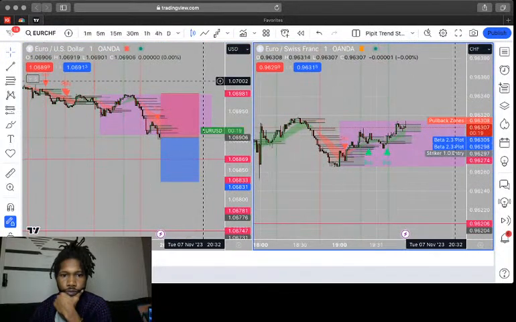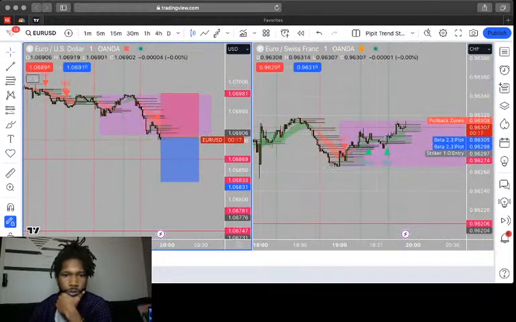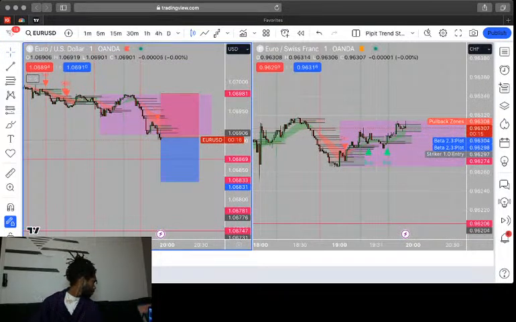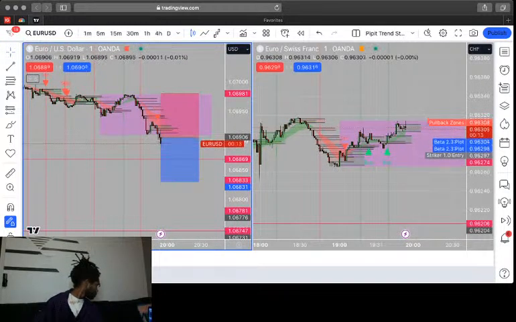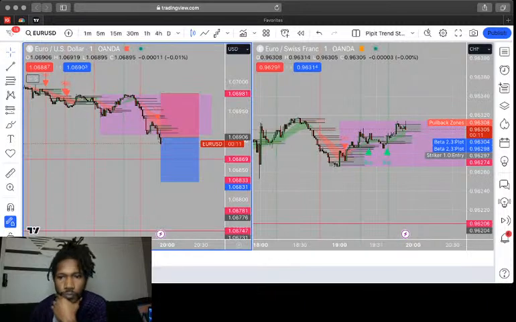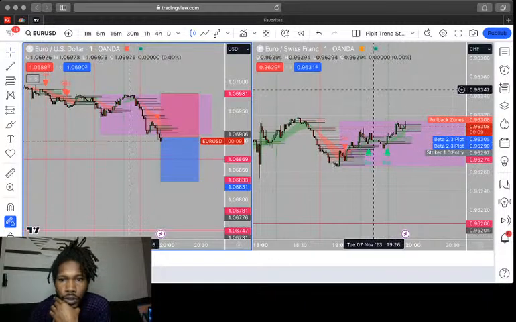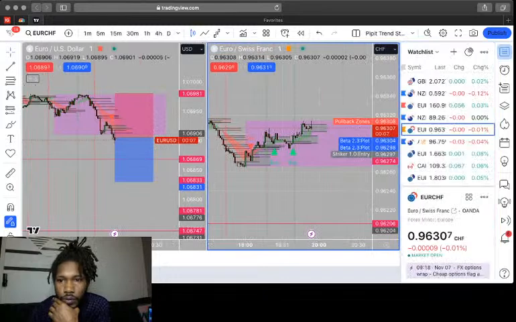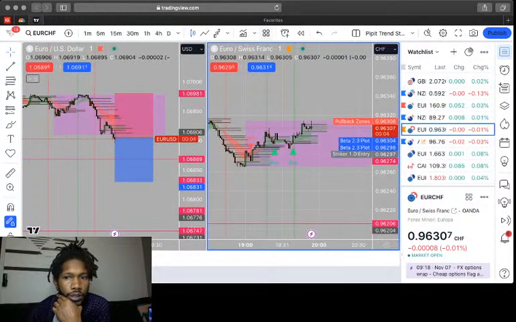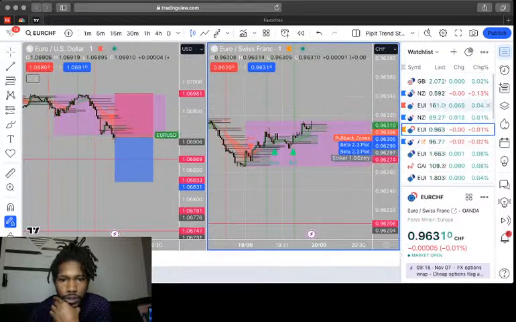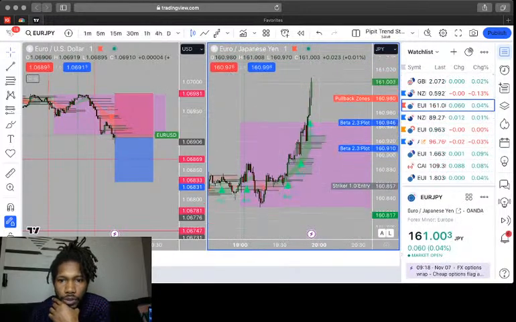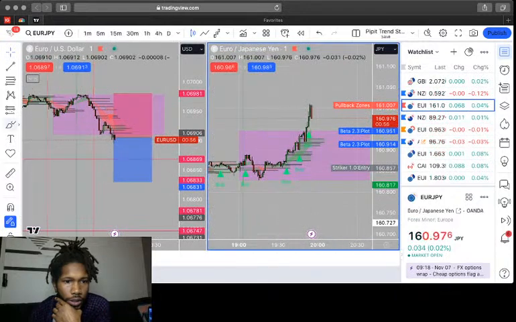Now that we have that in motion, let's see what else we have going on. Alright, let's see. So that's EU. Let's take a look at EJ. We missed the setup for EJ. That was the setup for EJ right there.